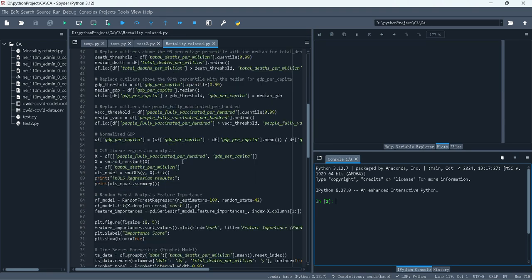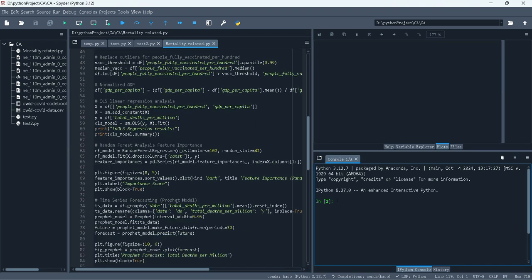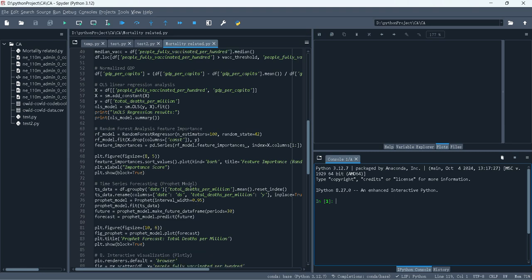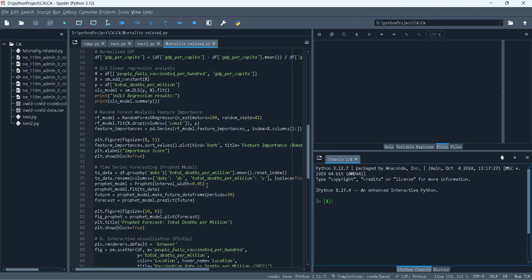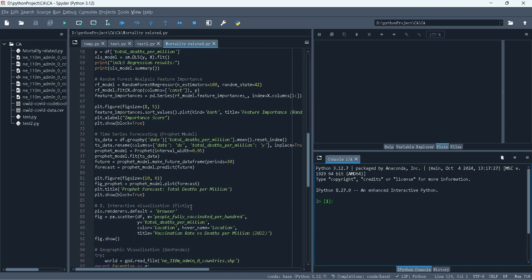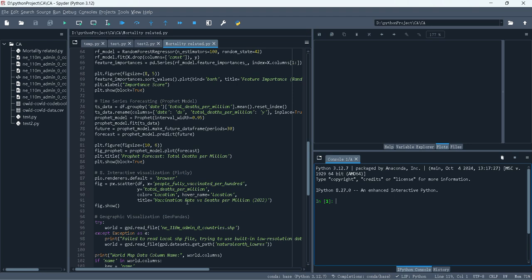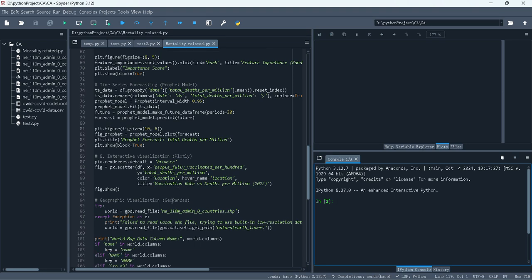And in this part, I use the Prophet model. The Prophet model is from Facebook. And next, Plotly and GeoPandas.